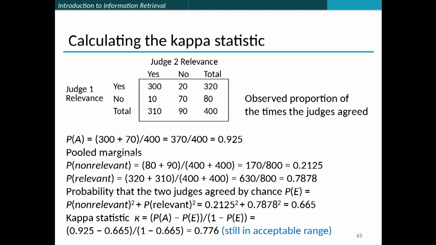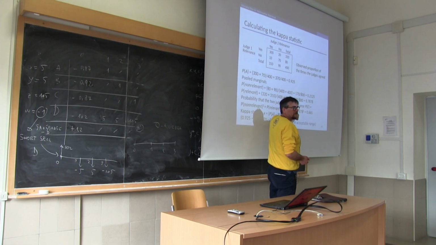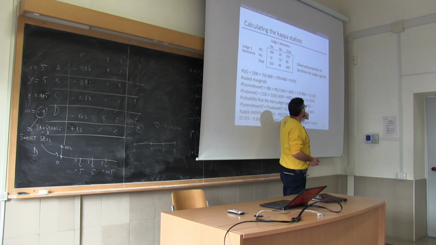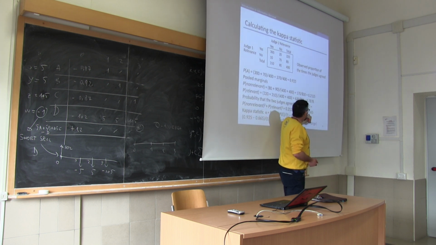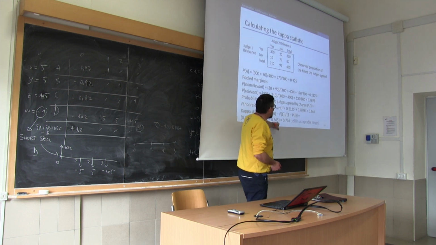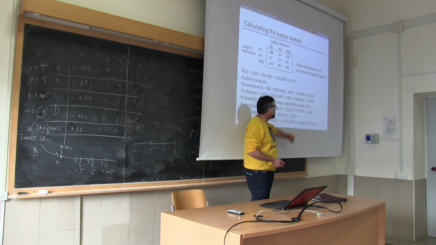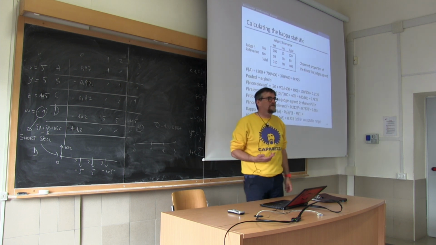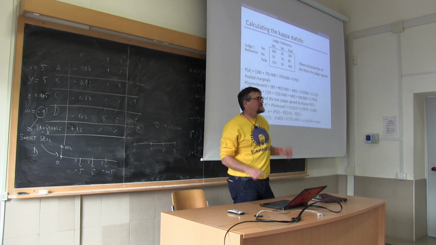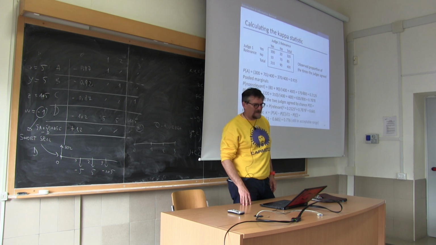Either by chance they both select this one, and so that's why it's squared, to the power of 2, or they both select this other one, and so this is also to the power of 2. And so you will get 0.6, and the kappa value by definition is this one, so you get 0.776, which is okay, according to what we said: the range 2/3 to 1 is considered acceptable.